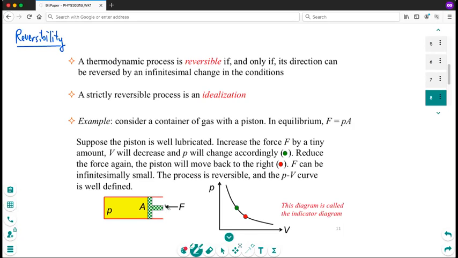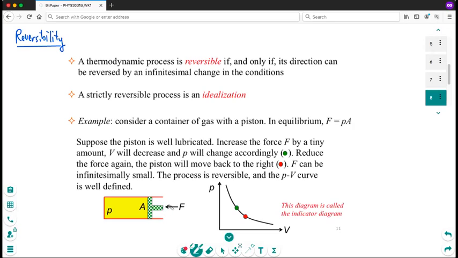If I push it, I will have some heat generated here. That will not be reversible. So you can even lubricate the piston, so you eliminate the friction in this case, but you can also make the process irreversible if you do it in a very cowboy way.